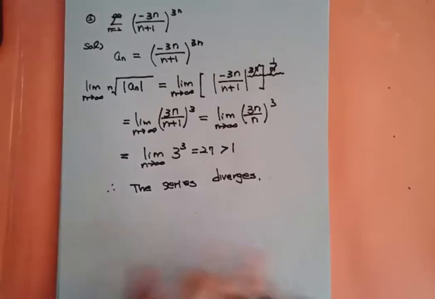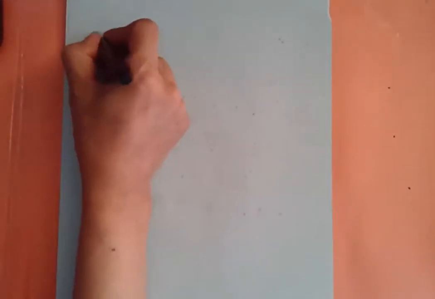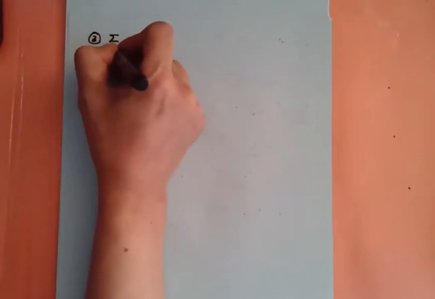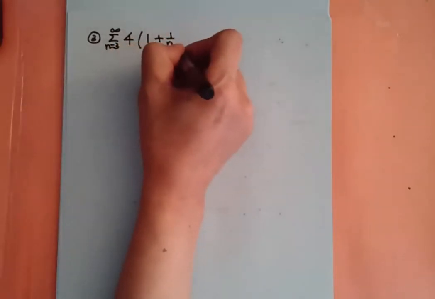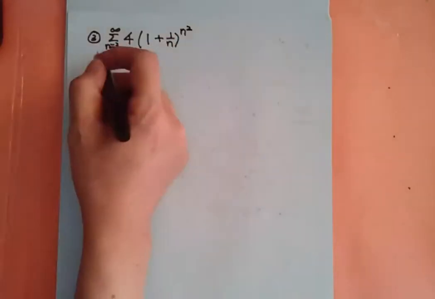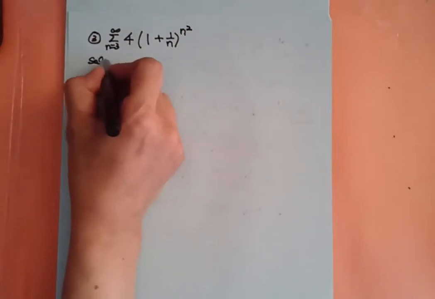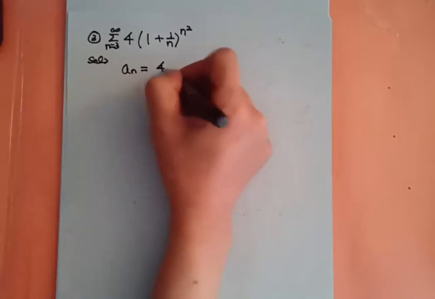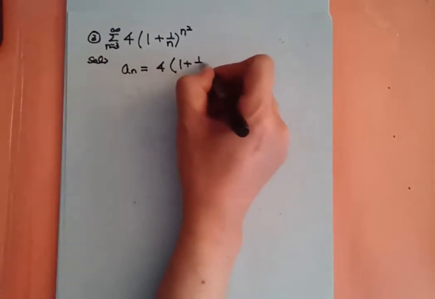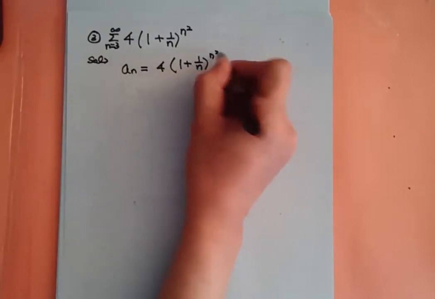Let's do one more example with the root test. The next one is n equals 3 to infinity of 4 times (1 plus 1 over n) to the n squared. So an is 4 times (1 plus 1 over n) to the n squared.